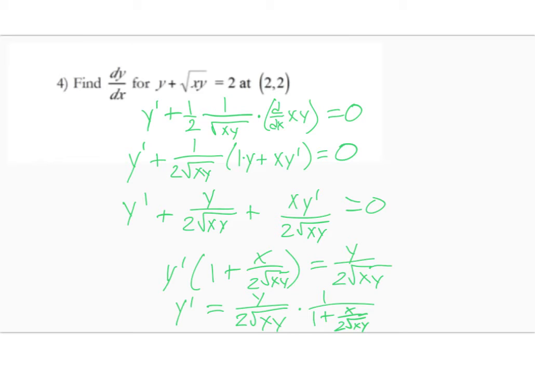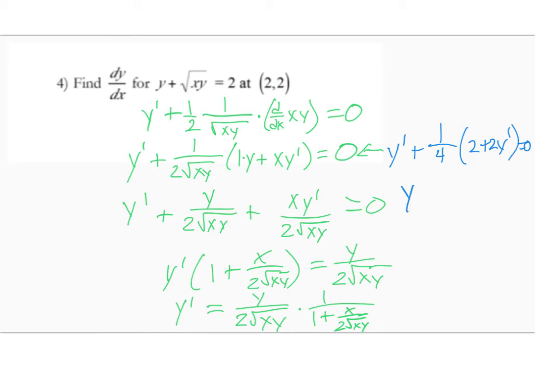If I had listened to myself from 1 slide ago, I could plug my numbers in. And we get y prime plus 1 over 2 times the square root of 4 is 2. 1 times 2 is 2. Plus 2y prime is equal to 0.